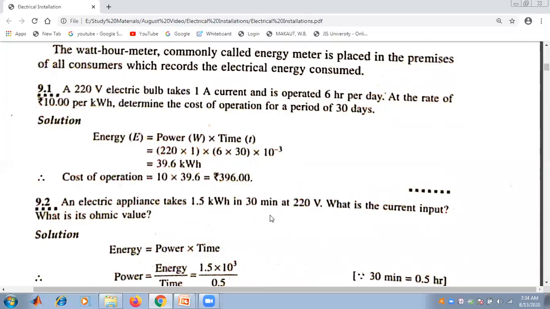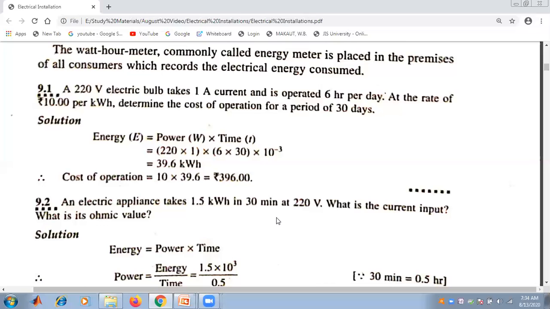The first one is that a 220-volt electric bulb takes 1 ampere current and is operated 6 hours per day at the rate of rupees 10 per kilowatt hour. Determine the cost of operation for a period of 30 days.